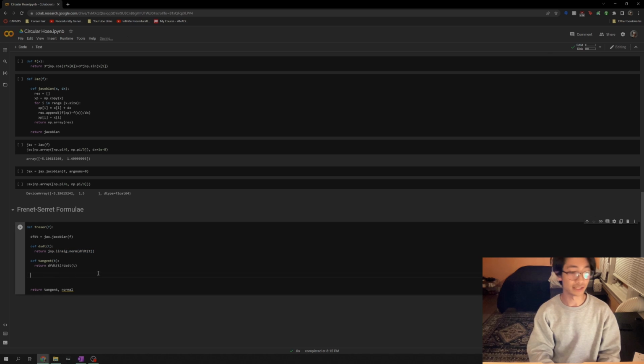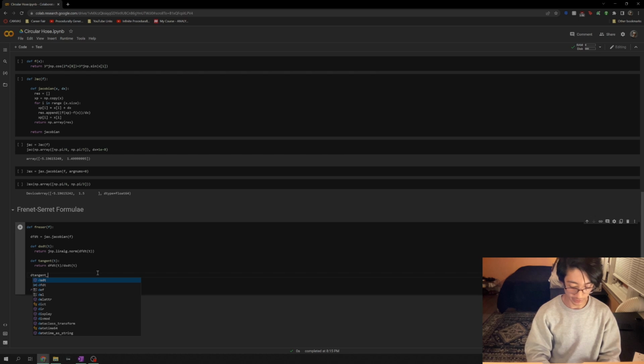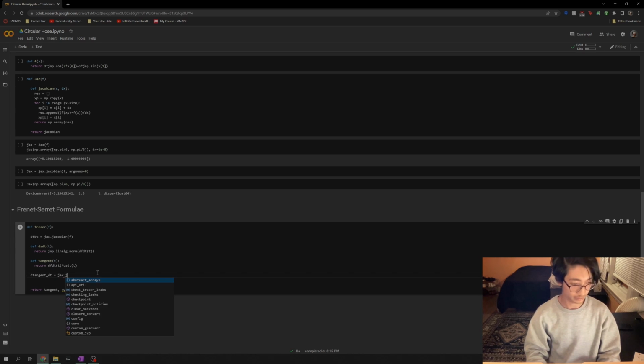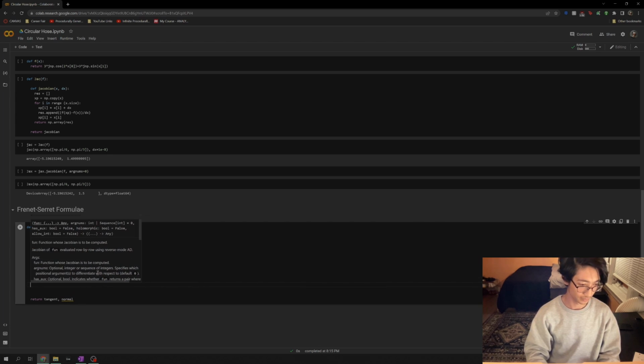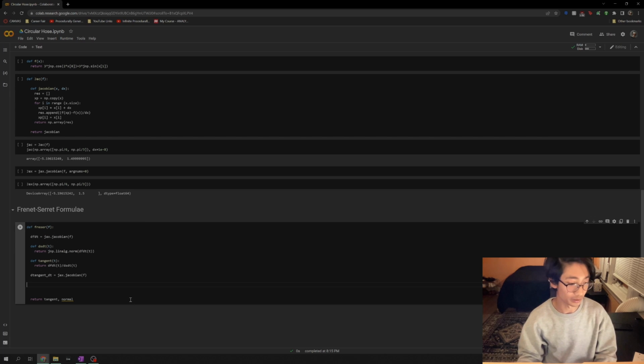After this, what we need is the normal. So for the normal, we also need the Jacobian of the tangent. So let's call that d_tangent_dt. And this will simply be a Jacobian, so that's again jax.jacobian of f, and takes the function f. So that would be the Jacobian of our tangent.